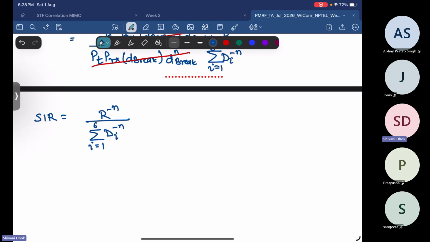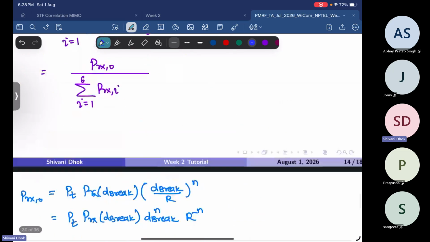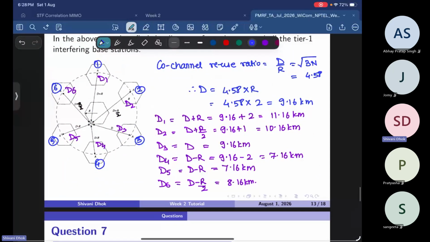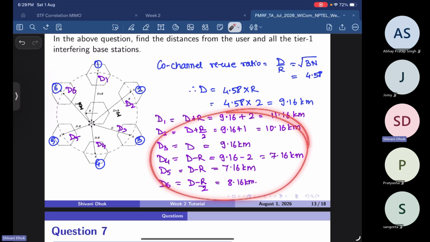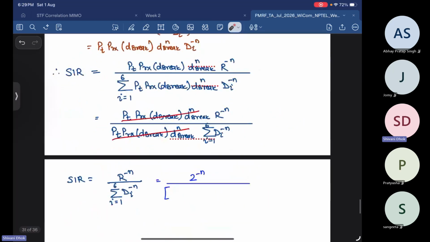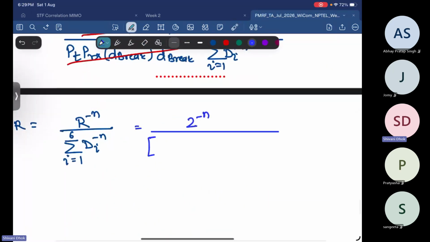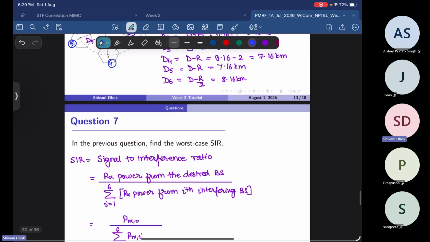Okay, so what is the value of r? R is 2 kilometers. So this is 2 to the power minus n divided by all the 6 distances that you had calculated in the previous question. We'll substitute all of these in this equation. So D1 was 11.16 to the power minus n. Here n is 4.2, I think. Let me go back and check.